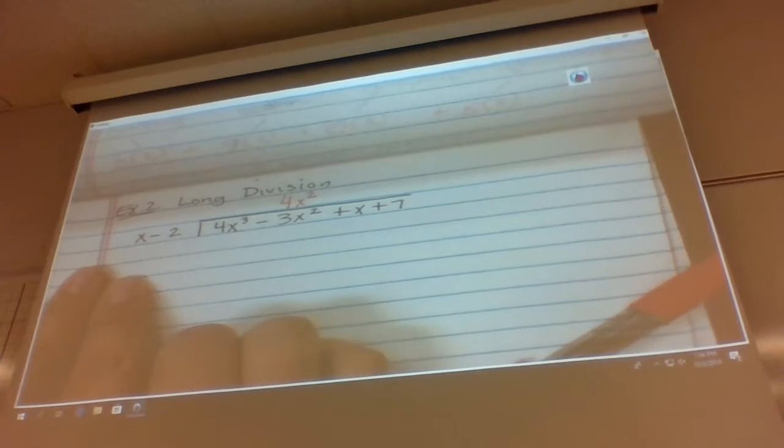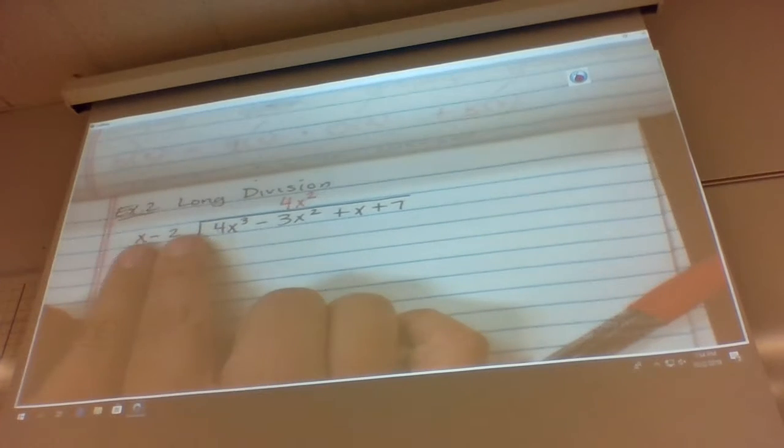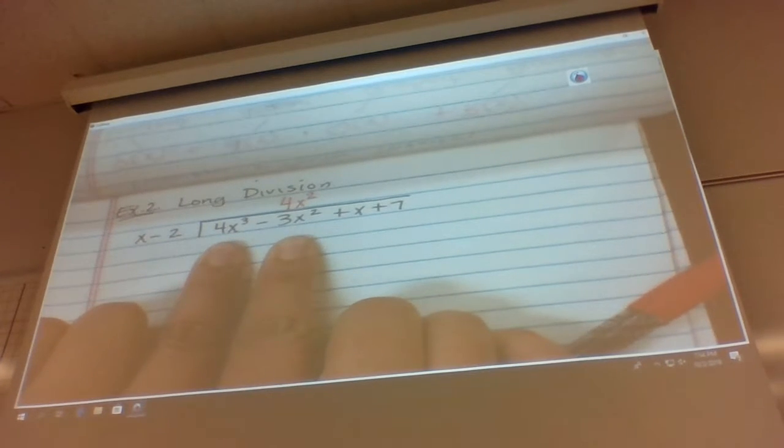You take this one, and you have to multiply both, and write it right there. Is it gonna be the same? Just like if it was 5x cubed, it would be 5x squared. So for the next step, you're gonna work on the 3x squared with that -2 over there.